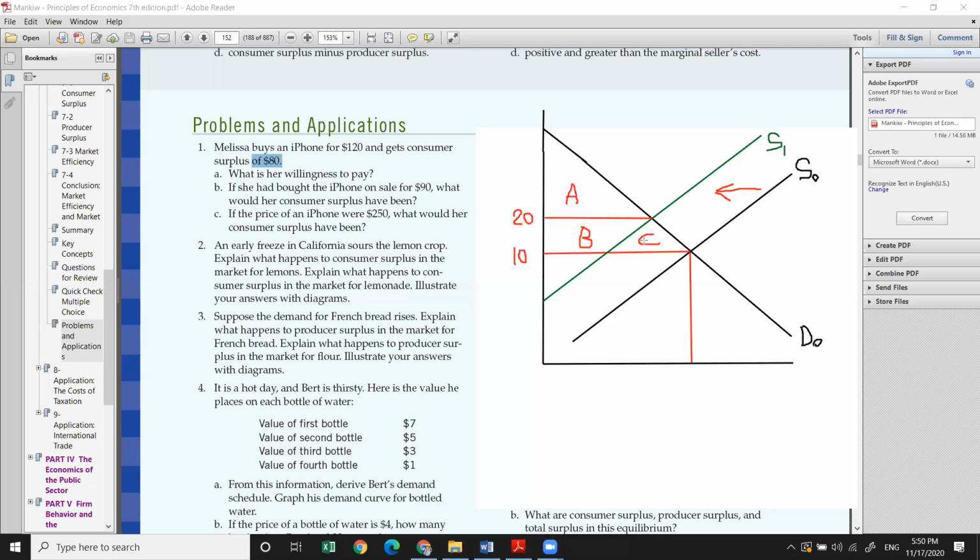However, it will decline from A, B, C to just A, because now she will get only this amount. But her maximum willingness to pay is this amount. Anything that goes above, she will not consume anything.